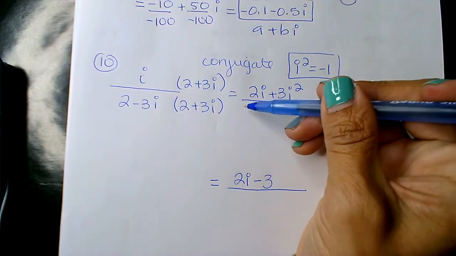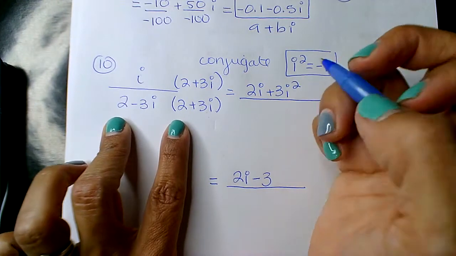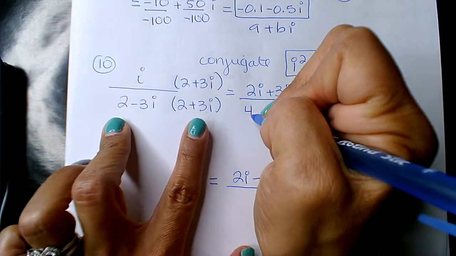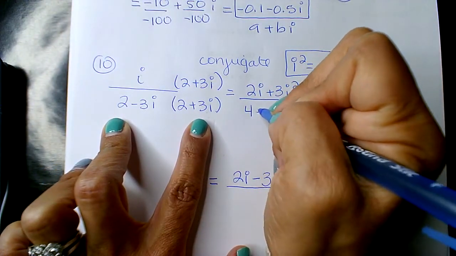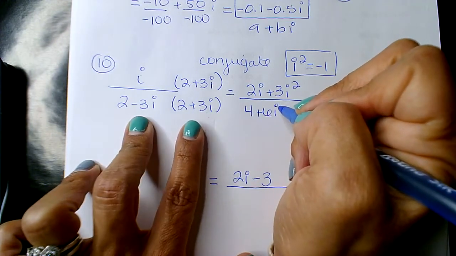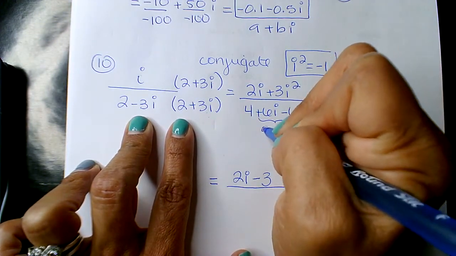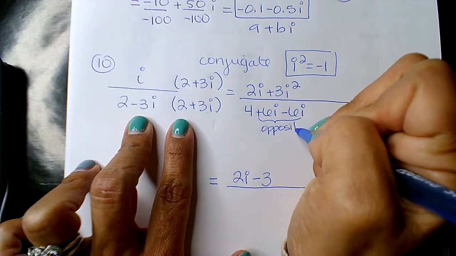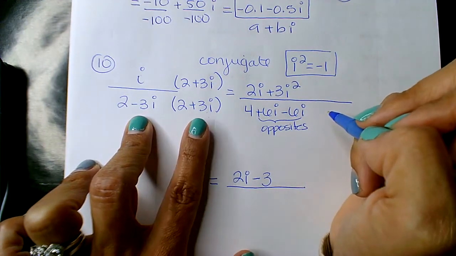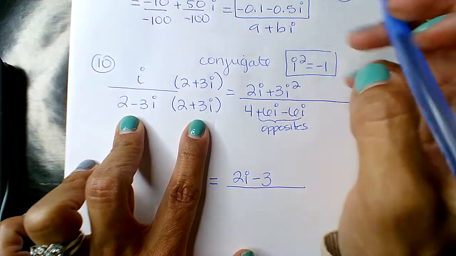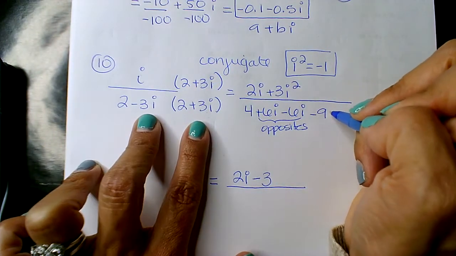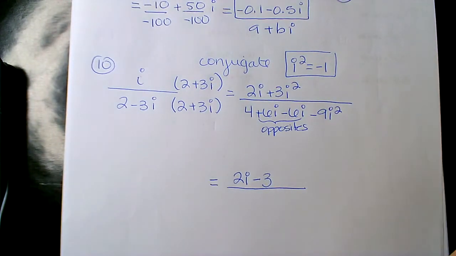Okay, so now let's do the bottom. FOIL. 2 times 2 is 4. 2 times 3i is 6i. -3i times 2 is -6i. And notice they're always going to be opposites. Okay? And then look, -3i times 3i is -9i squared.